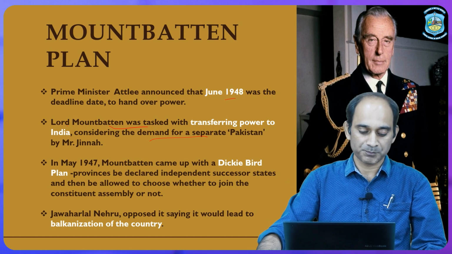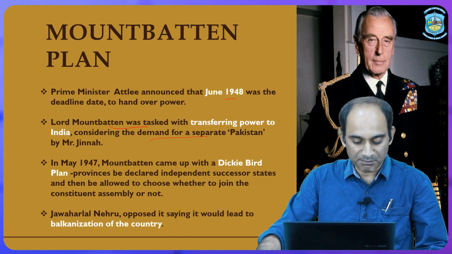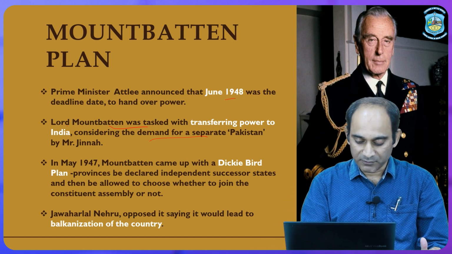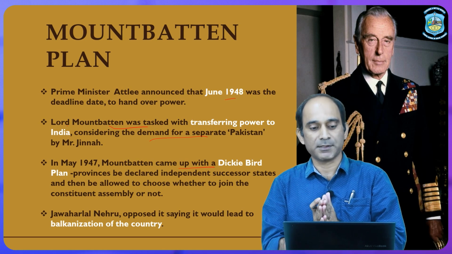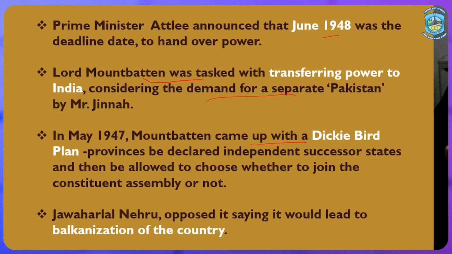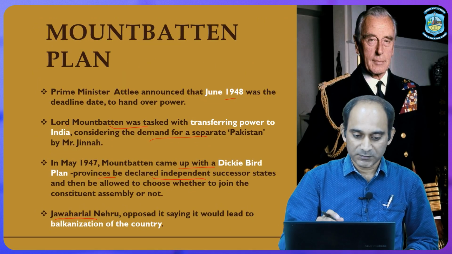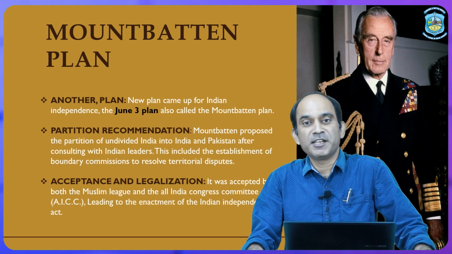In May 1947, Mountbatten came up with a plan known as the Dickie Bird Plan, in which he proposed that provinces or princely states be declared independent successor states and then be allowed to choose whether to join the Constituent Assembly or not. Pandit Jawaharlal Nehru strictly opposed it, saying that it would lead to balkanization of the country. So he came up with a new plan.